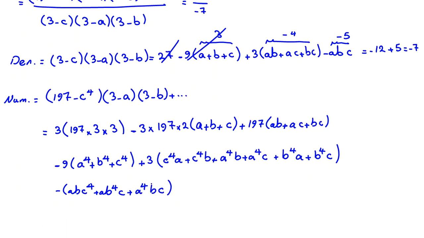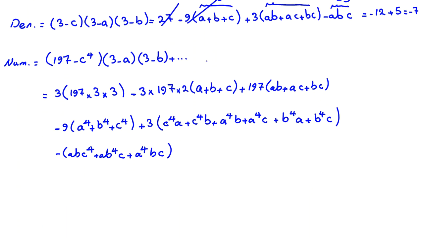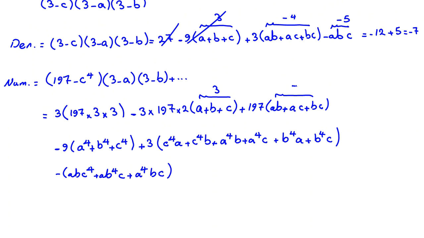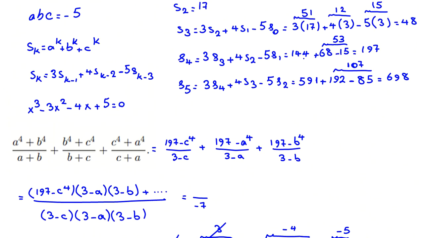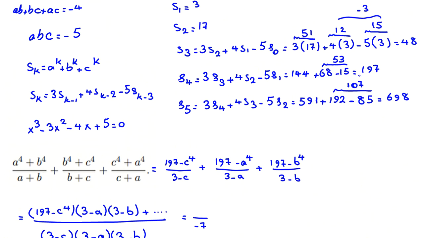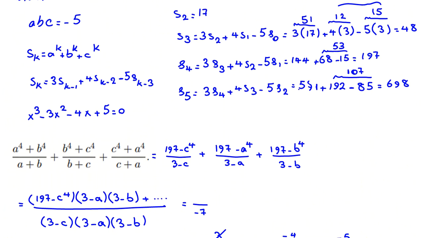So it will be negative abc^4 plus ab^4 c plus a^4 bc. Okay, now let's calculate. a plus b plus c is what? Is 3. ab plus ac plus bc here we've used negative 4. a^4 plus b^4 plus c^4 is S4, and we found S4. S4 was what? S4 was 197, so let's replace.